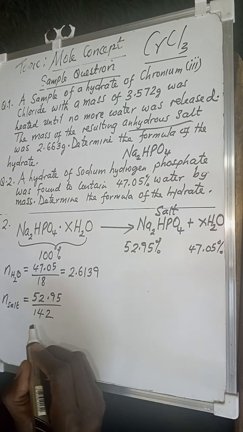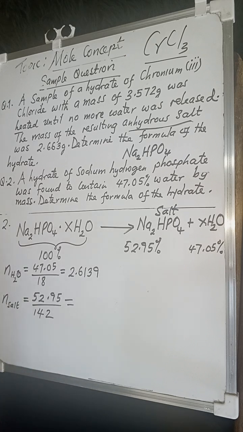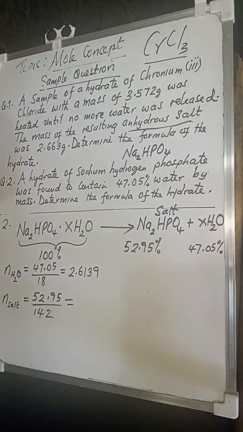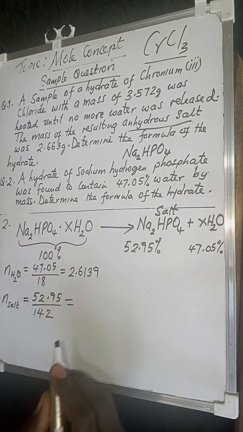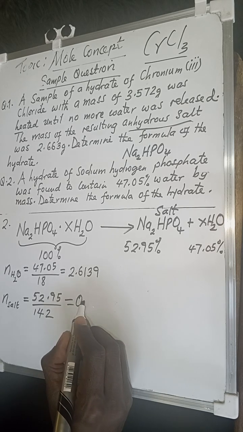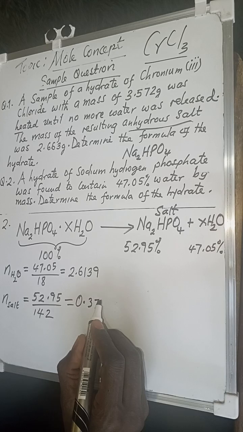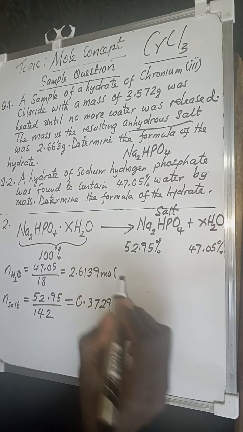So now we divide 52.95 by 142, and it is giving me in this case 0.3729. So remember, these are the moles that we are having.